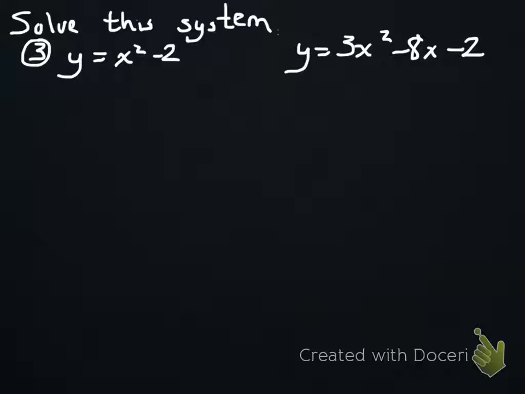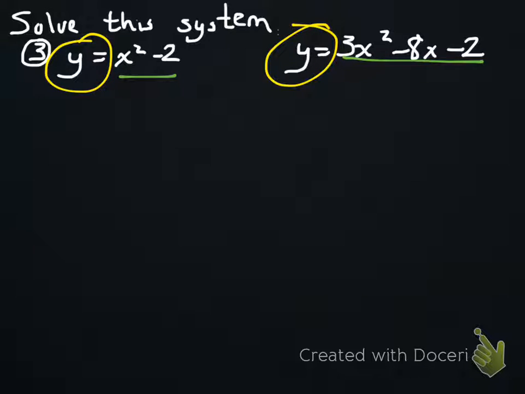So in this one, it's set up easily to go ahead and use substitution because they're both set equal to a variable. They're both set equal to y. So when they're both set equal to the same thing, we can just set the other side equal to each other. So this equals this.